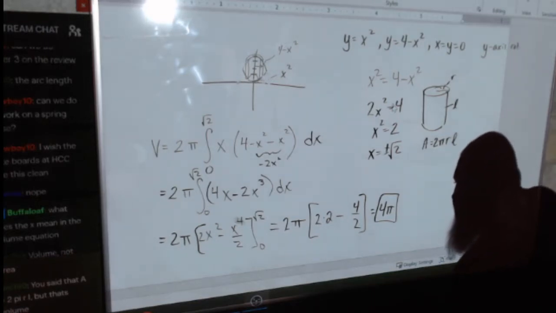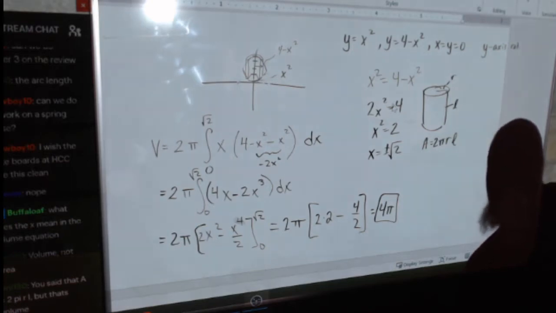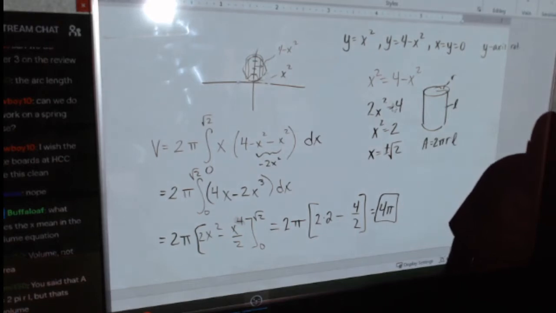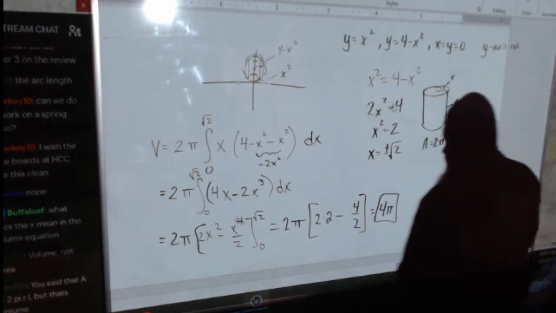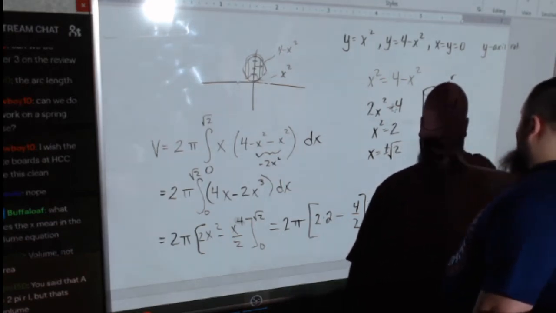Wait, you said that... No, sir, that is not the volume. Pi r squared L is the volume.